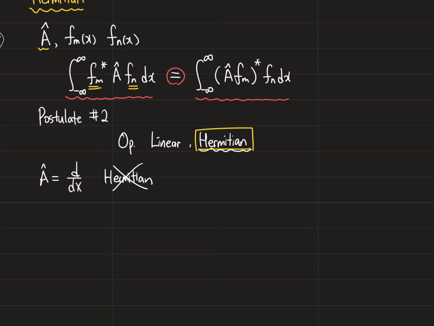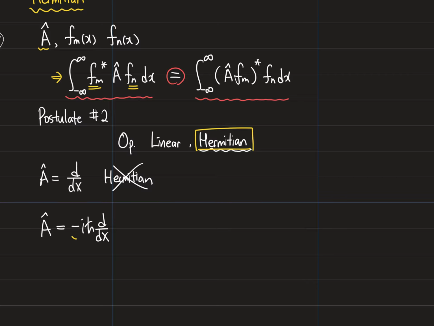But there is a magic thing that happens. If you multiply this operator by minus i h bar, now suddenly it becomes a Hermitian operator. So this satisfies the following integral equality.